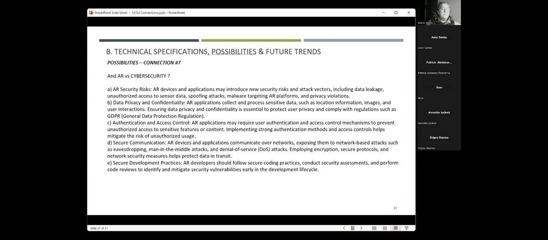So the cybersecurity is important to prevent these kinds of things. The data privacy, that we already talked about, the authentication and the self-control, so that the platforms are validated and people are validated across platforms, secure communication, and this all brings us to secure development practices.